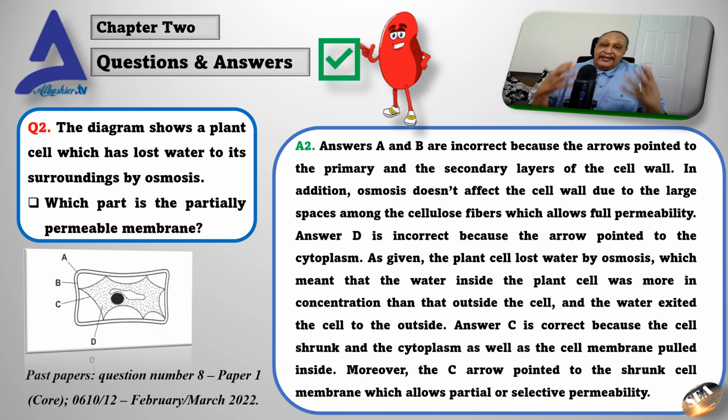Why am I saying that? You have to understand how to get rid of the wrong answers, how to eliminate wrong answers. You are not going to write all these things that I have written here. What you are going to do is just make a circle around the correct answer or write the letter of the correct answer.